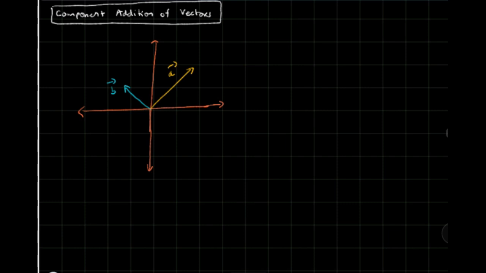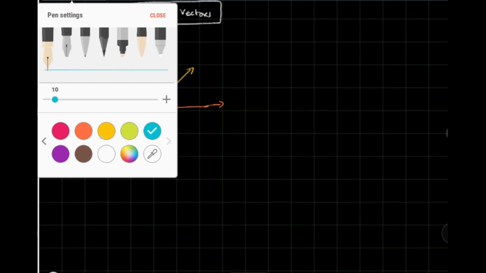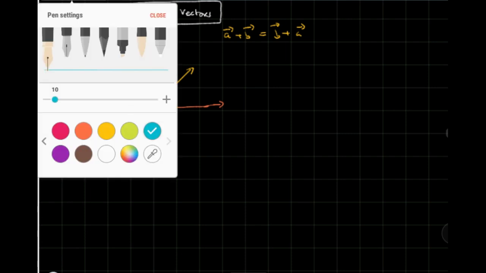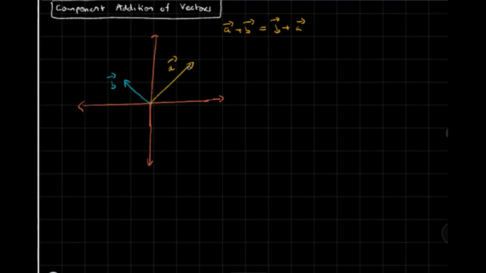So previously you guys have looked at adding vectors, specifically geometric vectors, using either the triangular method or the rectangular method. The triangular method here, if I was adding vector a plus b, we can understand that vector addition is commutative, so it's the same as b plus a. If I was adding vector a plus b, I start with vector a here, and then I add vector b to that.